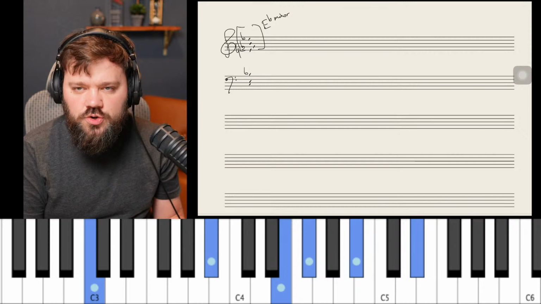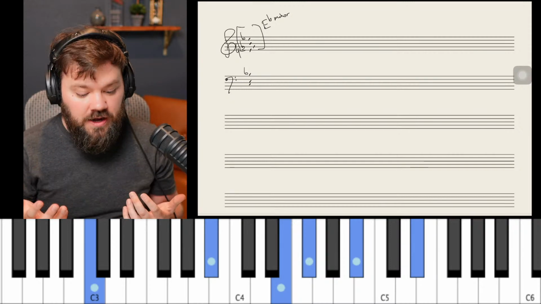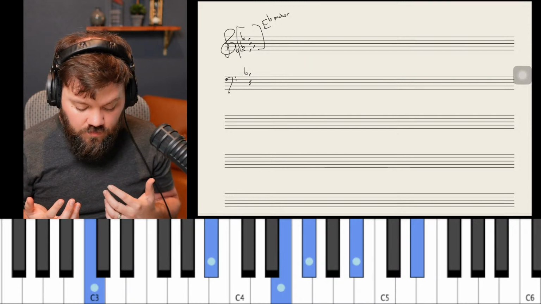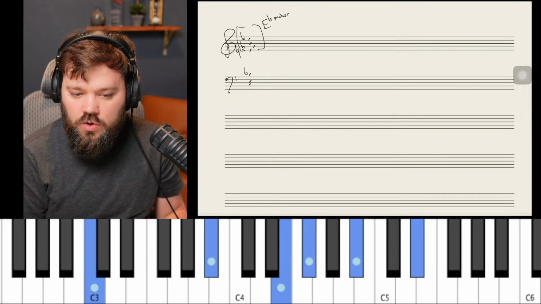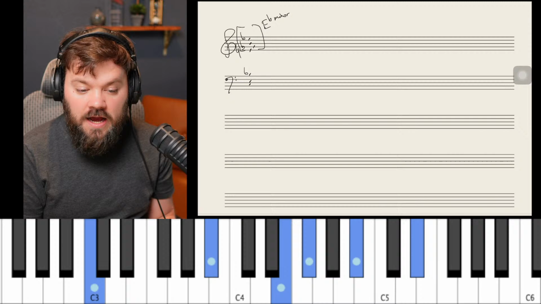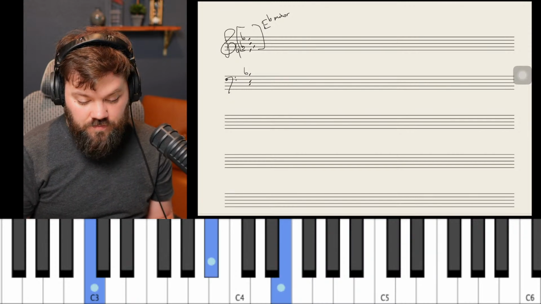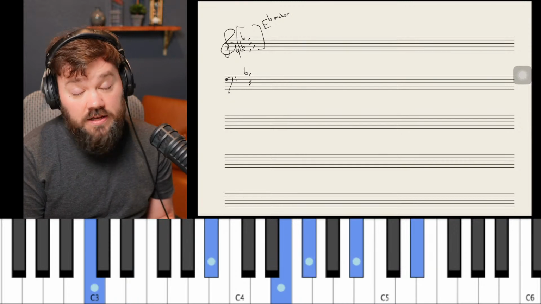And each one of these different patterns that you can use or that you find is going to have a little bit of a different feeling. Okay, so once again, this is a C7 with an E flat minor triad on the top. So I'm going root, 7, third, and then it's just E flat minor.